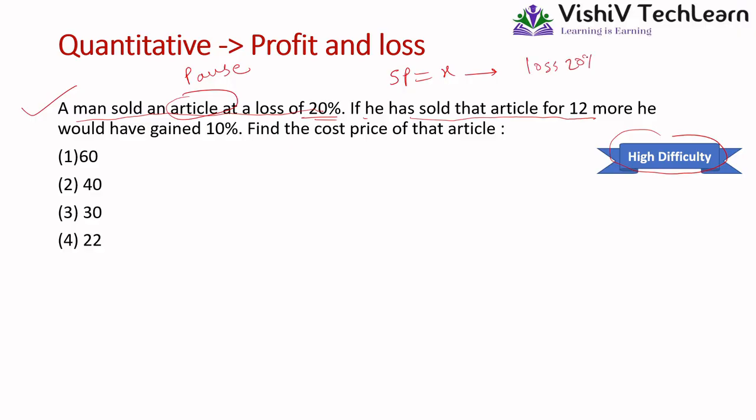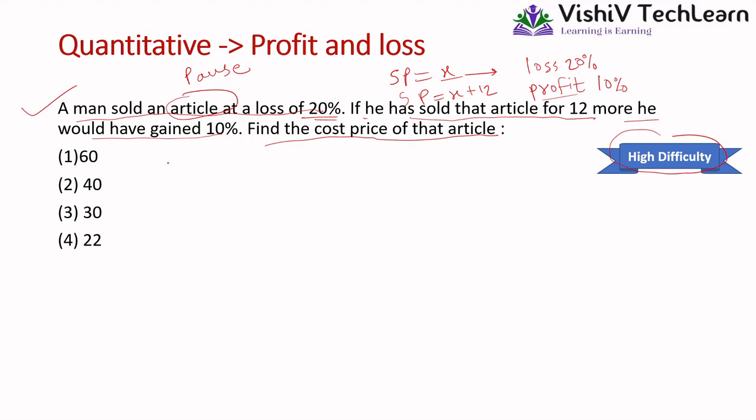If it is X plus 12, that is 12 more, then he would have gained 10%. So there is a gain or profit of 10%. So if the selling price is X, there is a loss of 20%. If the selling price is X plus 12, there is a profit of 10%. We have to find out the cost of the article. Okay, this is how the question is.